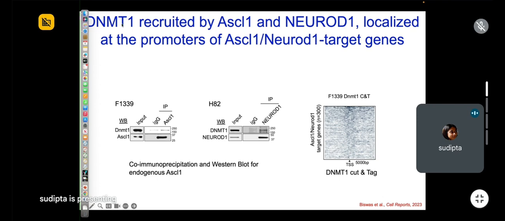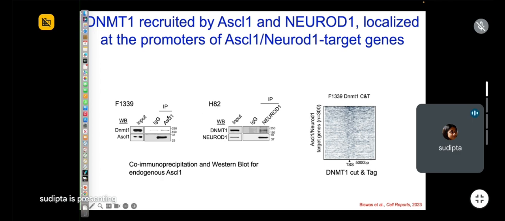Our hypothesis is that DNMT1 is a co-repressor binding to these transcription factors and not allowing them to express the differentiation genes. To claim that, we need to show that it is happening.